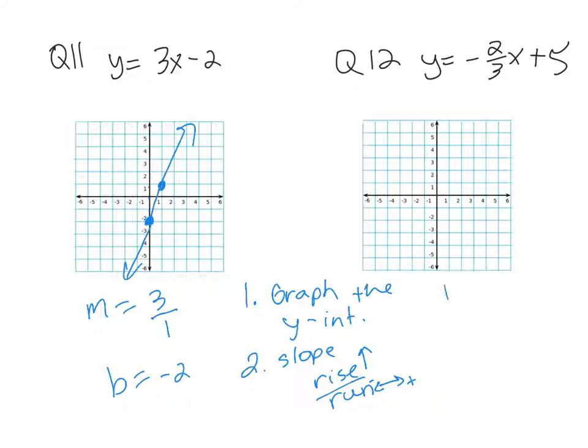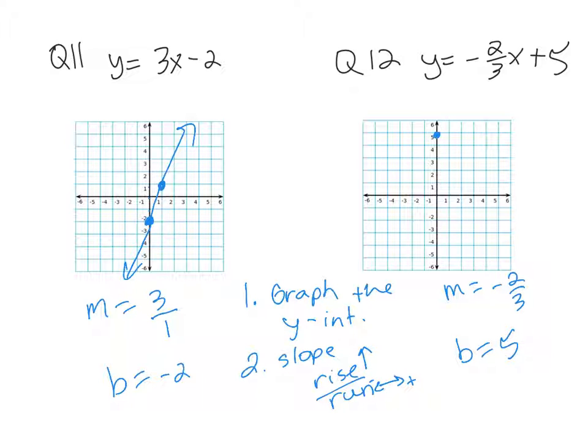Question 12. Our slope is -2/3. Y-intercept is 5. Again, we're going to graph the y-intercept first. So we're going to put a point at 5 on the y-axis. And this time we have a negative slope.